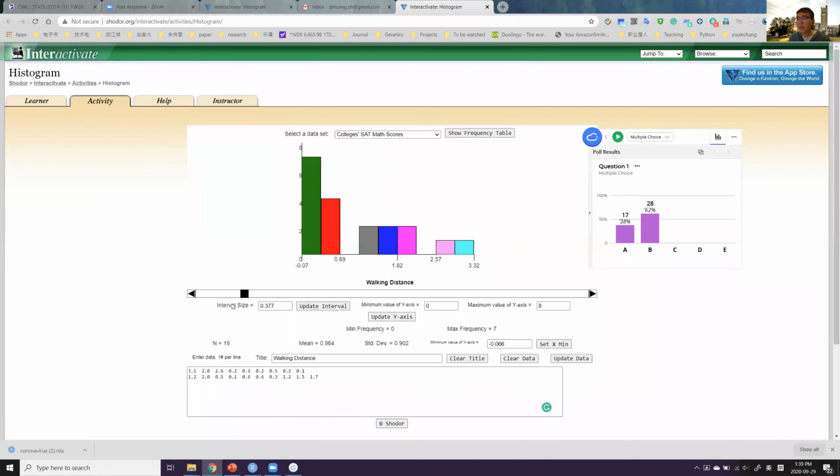Now if we look at the other side, if we decrease our interval size, you can see that we get a lot of tiny bars. Finally, it looks something like this. If you interpret this plot, you probably think it is multimodal, because we have a bump here, a bump here, and a bump here.